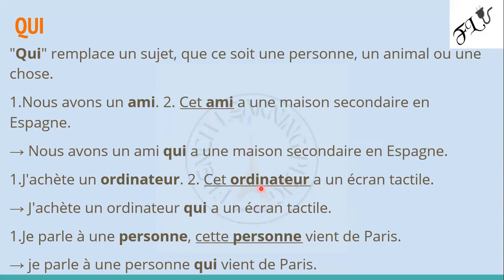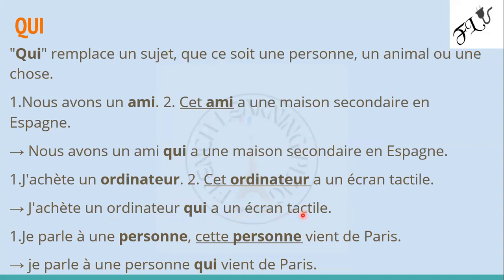So we have to avoid saying ordinateur, ordinateur again, we have to use the relative pronoun qui, because ordinateur here is acting as the subject of the second sentence. So therefore, cet ordinateur will be eliminated and replaced with qui. Exactly. J'achète un ordinateur qui a un écran tactile.